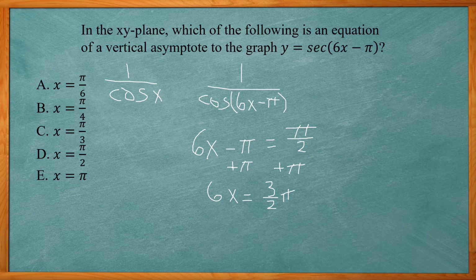My next step is to get rid of the 6 to get the x by itself, so I'm going to divide by 6. So I have x equals 3/12 pi, which can reduce down to 1/4.